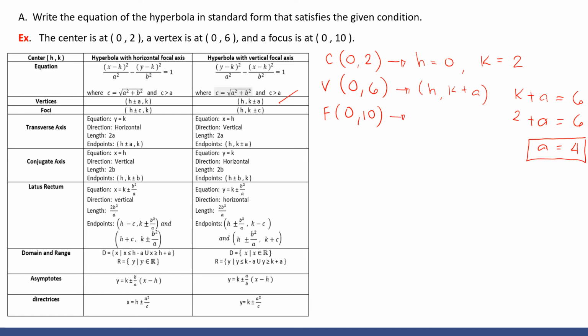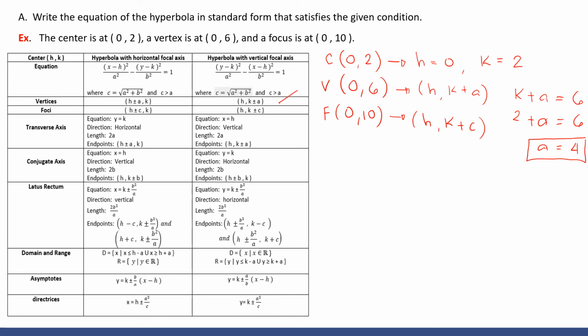So that means the pattern to use is H and then K plus C. Because (0, 10) is on the upper part when we look at the y-axis, so it is positive. So H, then K plus C.